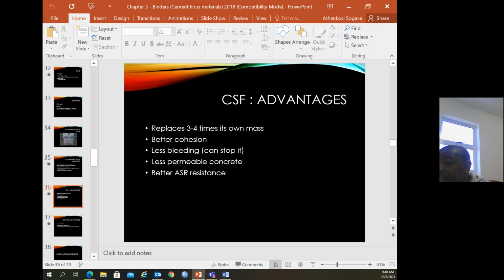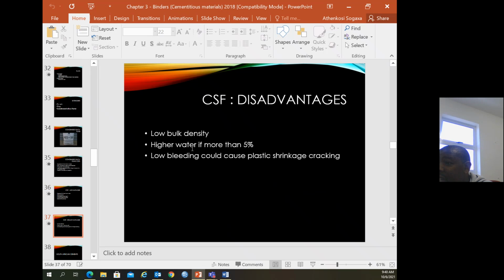Advantages of that, it replaces 3 to 4 times its own mass. Better cohesion, less bleeding, less permeable concrete, better ASR resistance. Low bulk density, that's your disadvantage.